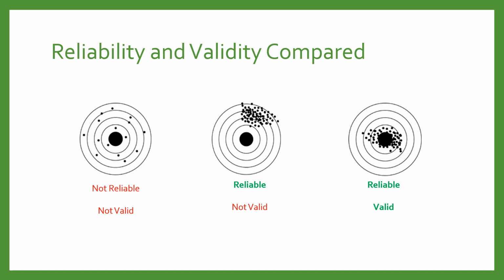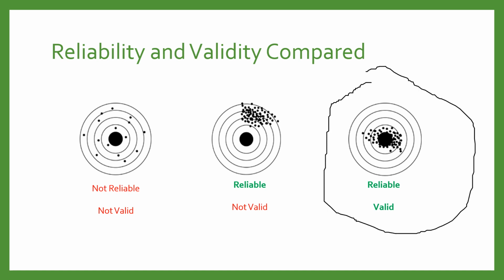It's also possible to have one that has low reliability and low validity, meaning it's inconsistent and not on target. Finally, it's not possible to have a measure that has low reliability and high validity because you can't really get at what you want to measure and what you're interested in if your measure fluctuates wildly. So in an ideal situation, you have a measure that's both reliable, consistent, and valid, hitting the target.